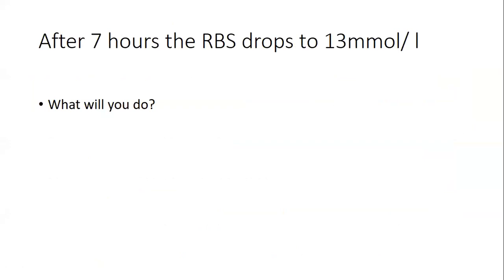So after 7 hours, the random blood sugar of this child drops to 13 millimoles per liter. So what will you do? Remember, our choice of fluid was normal saline or Ringer's lactate. But once the blood sugar level drops to less than 14 to 17, you need to switch your choice of fluid.